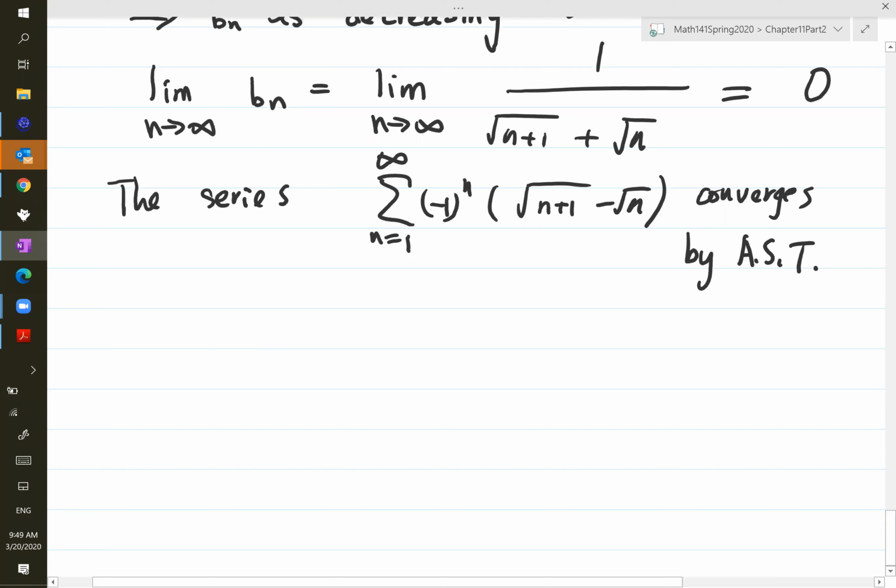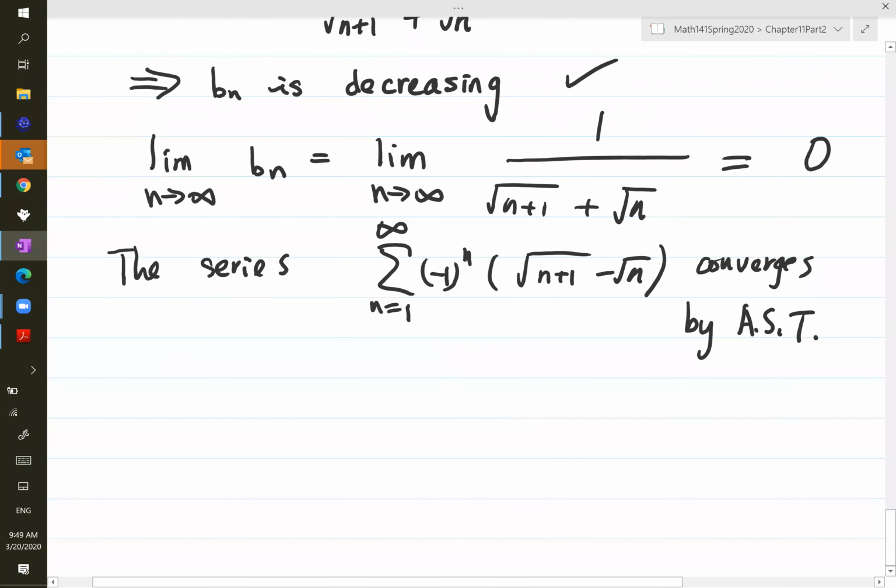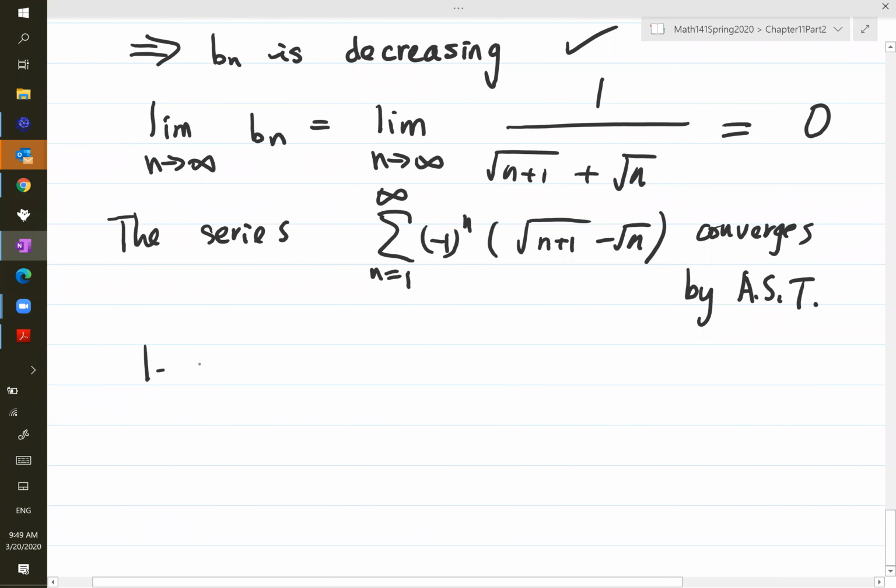Now remember, let's continue the question that we left: the series 1 minus a half plus a third minus a quarter plus 1 over 5, etc. What does this series actually converge to?